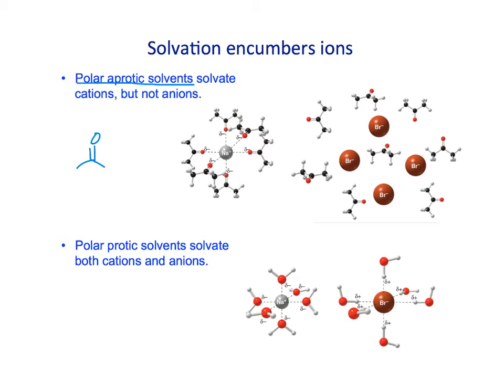Acetone, we know, has a polar carbon-oxygen bond. It makes a delta minus on the oxygen and a delta plus on the carbon. That minus on the oxygen can be attracted to a cation like sodium. So acetone molecules get attracted to and get organized around a sodium ion.